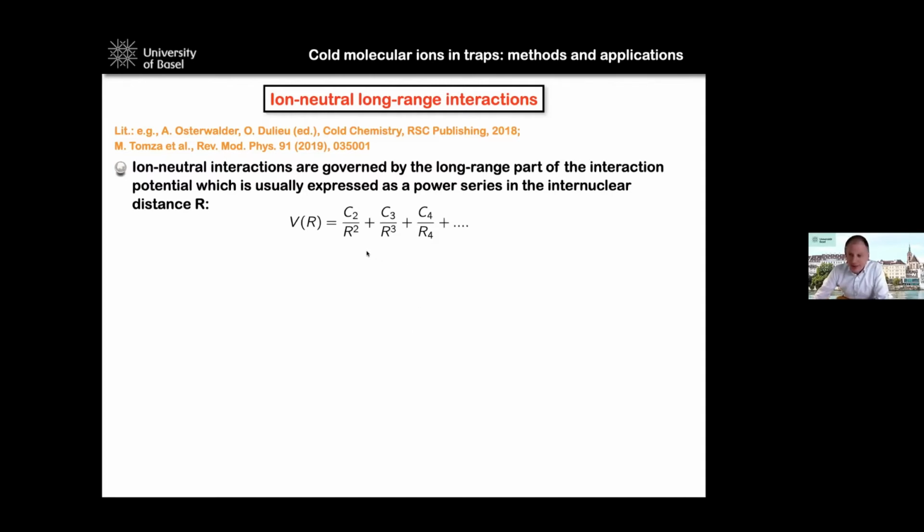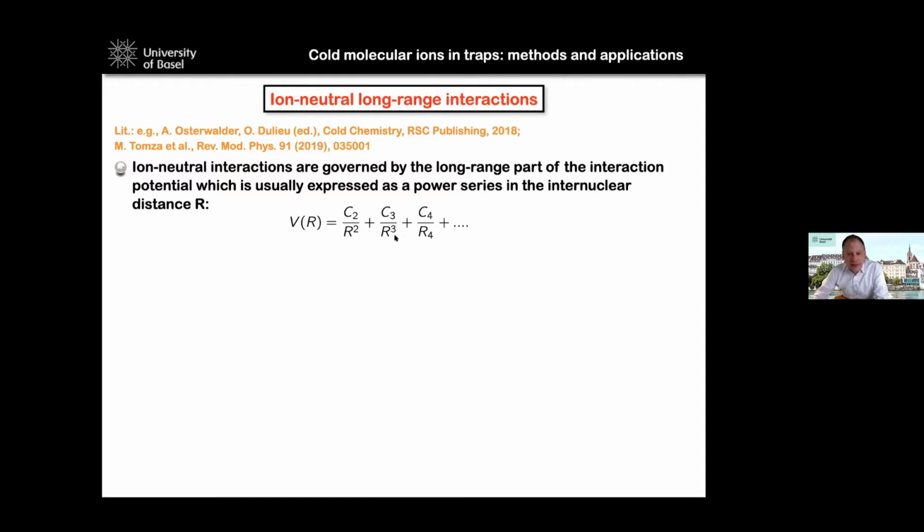And thankfully, it turns out that ion-neutral interactions are very often governed just by the long-range part of the interaction potential, meaning the attractive long-range part that I have been referring to. And this long-range part can usually be expressed as a power series in the internuclear distance. This is a multipole expansion of all these long-range interactions that one does here.